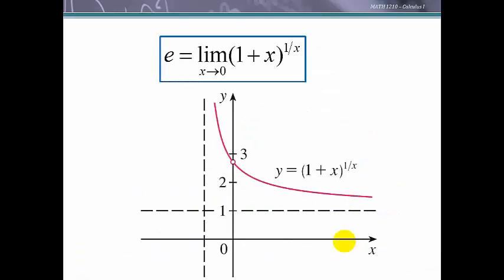Looking at this graphically then, as x approaches 0, we know that 0 is excluded from the domain of this function, but as we approach 0, we approach this number e, and we knew e was about 2.718 and so forth, and you can see that that is the place where we have this hole. We can go ahead and look at a table of values and let x get nearer and nearer to 0, and as we compute values for x very close to 0, we will be computing values very close to this number e.